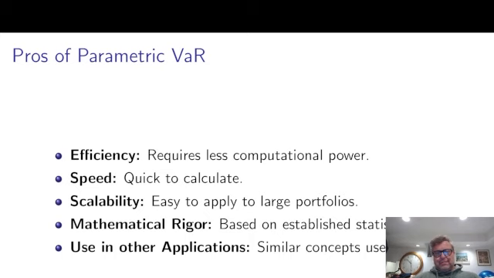Because the sensitivities, you sometimes have them already in other risk measures, so it scales very nicely to large portfolios. It uses the confidence level, the mean, the volatility, correlations. It's a known mathematical thing, and it's commonly used in other applications as well. So it is used by regulators in the industry.